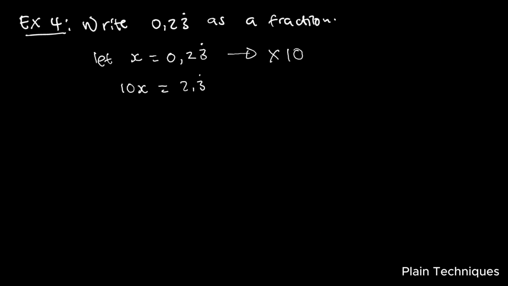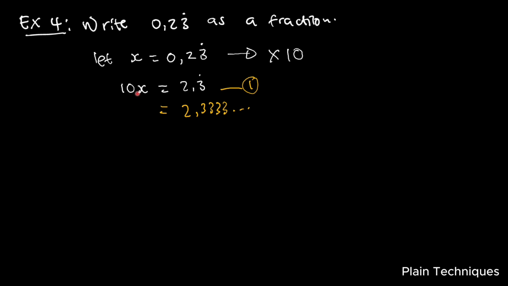Remember, 2.3 recurring can be written as 2.3333 continuing like that. So that is how you can rewrite that. That dot, remember what it means? It means recurring, repeating.